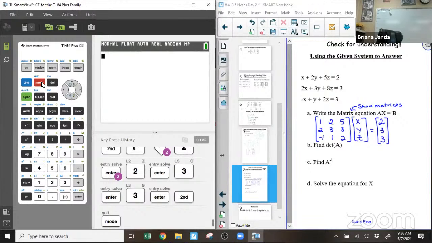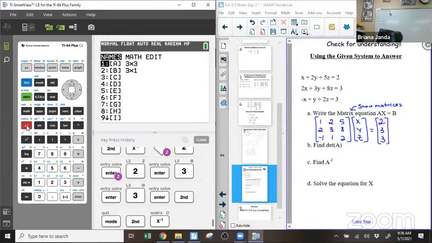If you're having any trouble getting those matrices into your calculator, let me know. I'm going to put some answers up here so you can be checking as you go.